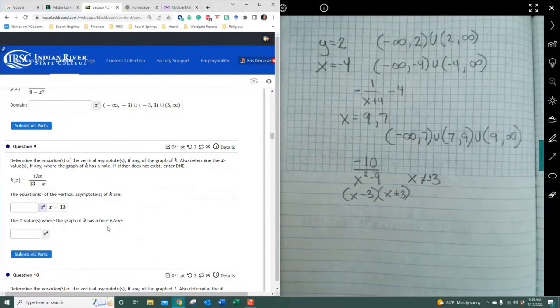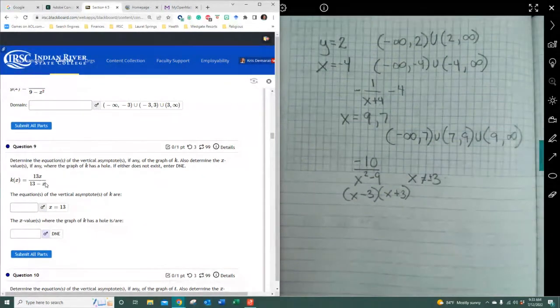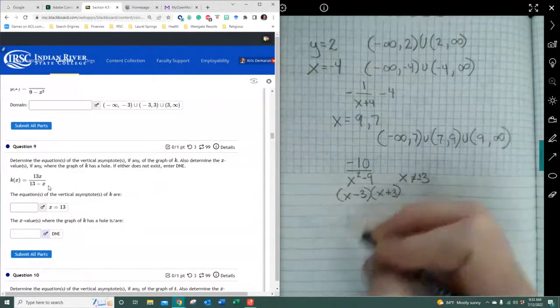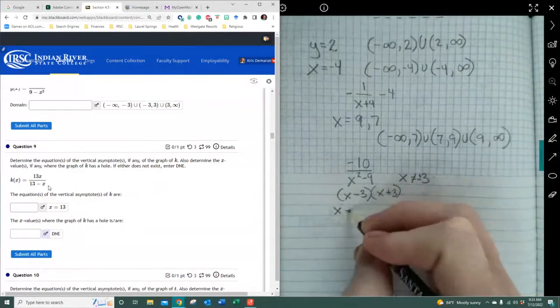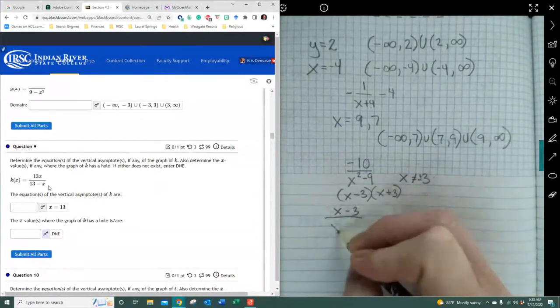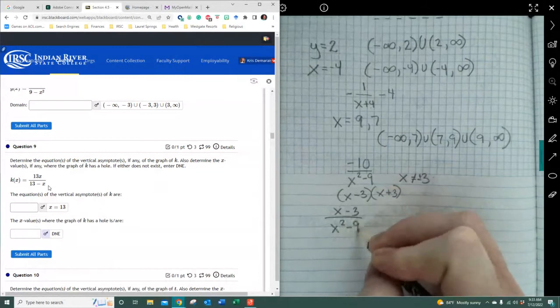And the x value where the graph of k has a hole, there is no hole on this one. I'll explain what a hole means in just a minute, but there is no hole in this one. It does not exist. A hole forms when you go through a process. Let's just say hypothetically I had this, for example.